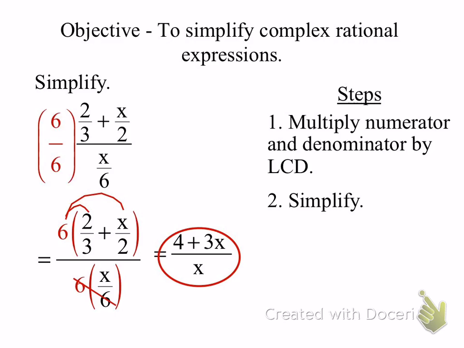Why? Because this is a binomial here, and you can only cross out a 4 plus a 3x if it's a binomial outside. If it's a monomial outside, then it could be cross-canceled. Monomial with monomial, binomial with binomial.